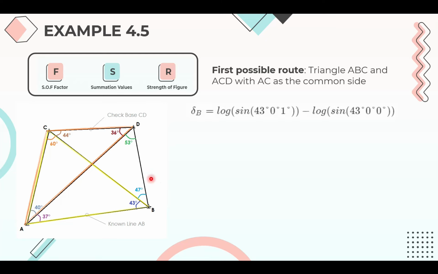So our first angle, which one? Since it's triangle ABC, the yellow triangle. Look at the yellow triangle ABC. So our known side is AB, our common side is AC, right? So the first angle that we will be looking into is the angle opposite to the common side, which is angle 43 degrees or angle B. So delta B is the first angle to use.